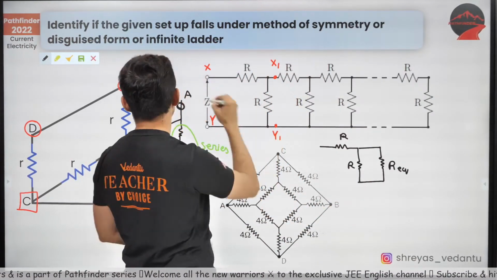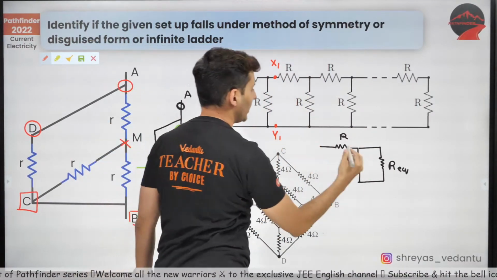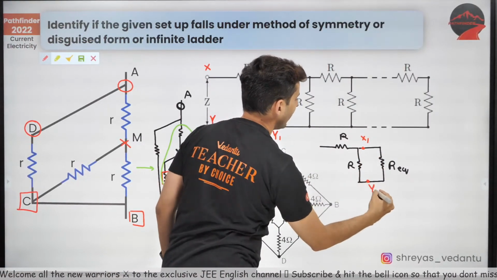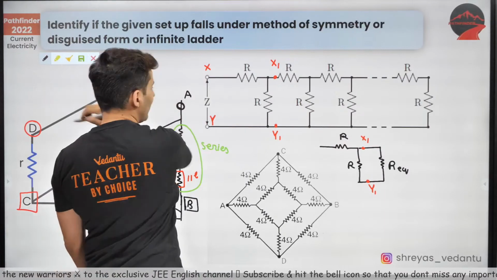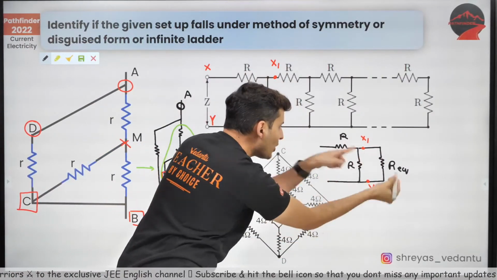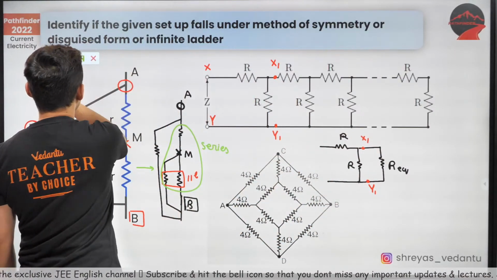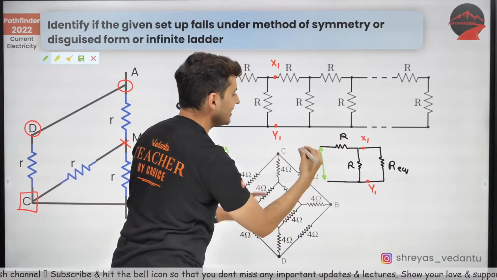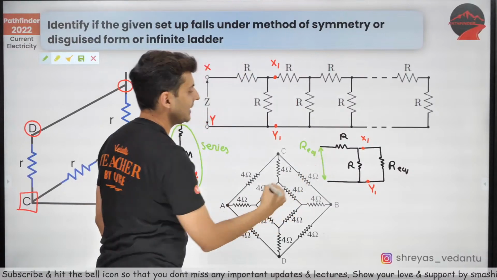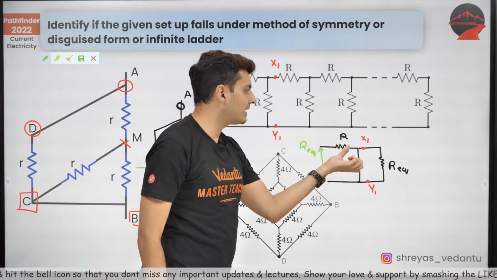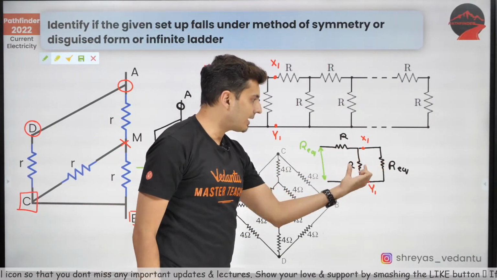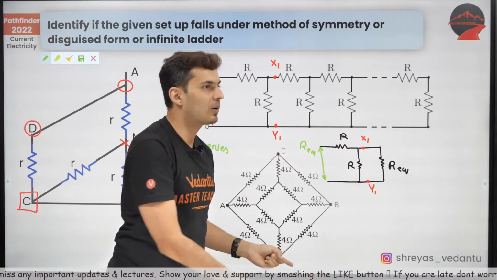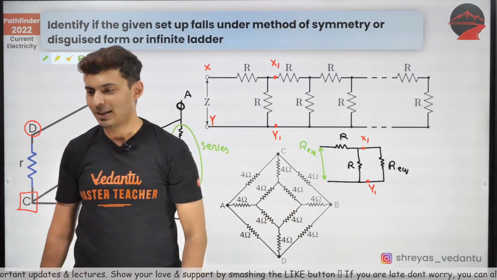This entire thing between X1 and Y1, in case you want to know the points, I'll mark it over here. This is X1 and this is Y1. And remember one thing, the equivalent between these will also come out to be R equivalent. So now you see this is series, these two are in parallel, and that is in series with this R. Their combination again gives you R equivalent. Solving it, you will get R equivalent.